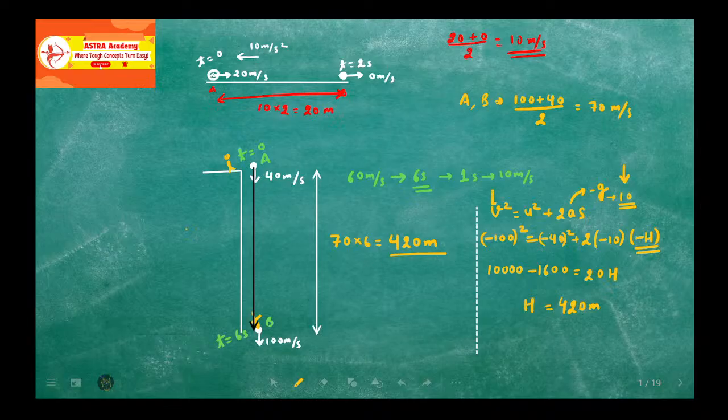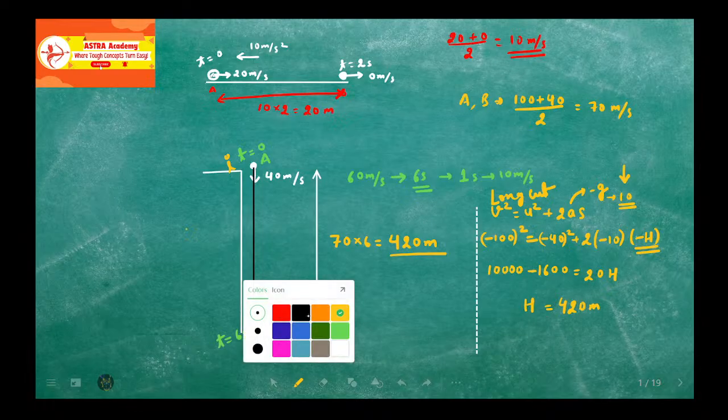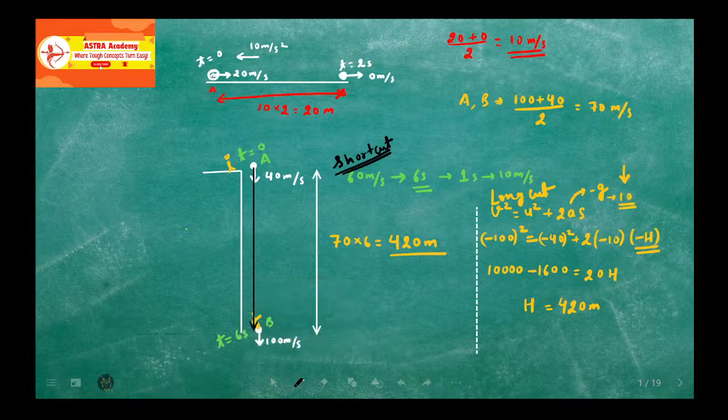So this is the long cut method. And this is our pretty shortcut method. What is the benefit of the shortcut method? The benefit is we just have to take the mean of the speeds at the 2 points between which we are interested in knowing the distance.